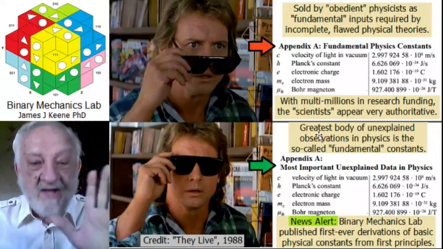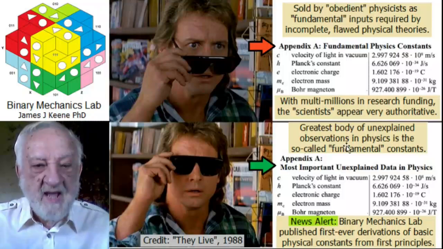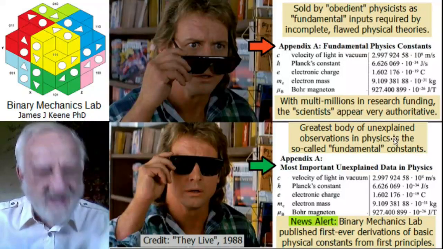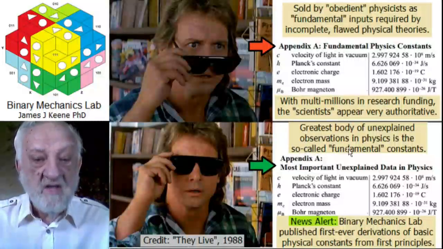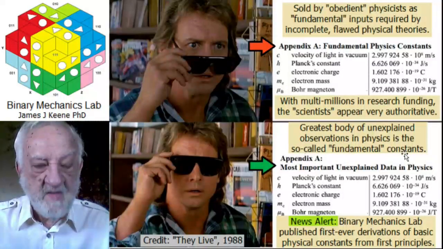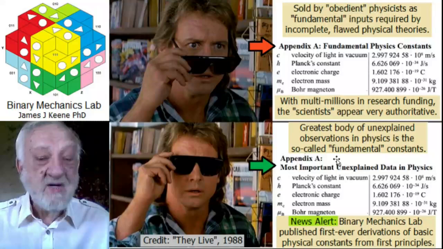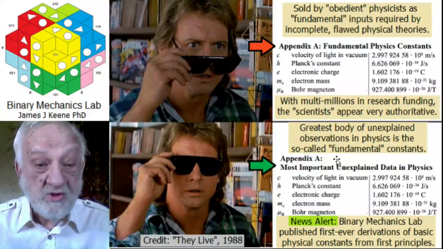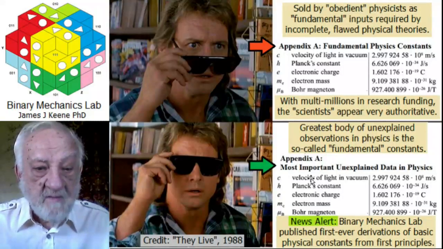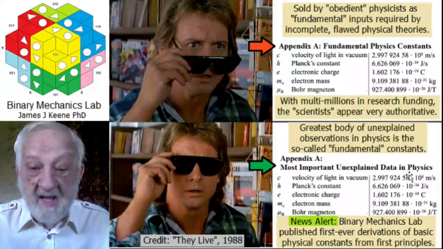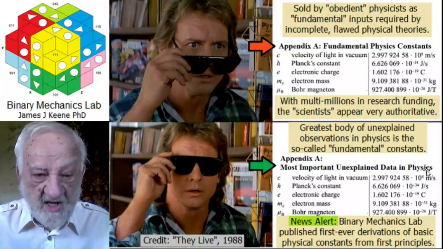However, the greatest body of unexplained observations in physics, think about that, the greatest body is the so-called fundamental constants. So Appendix A in your Physics 101 textbooks should say: most important unexplained data in physics.